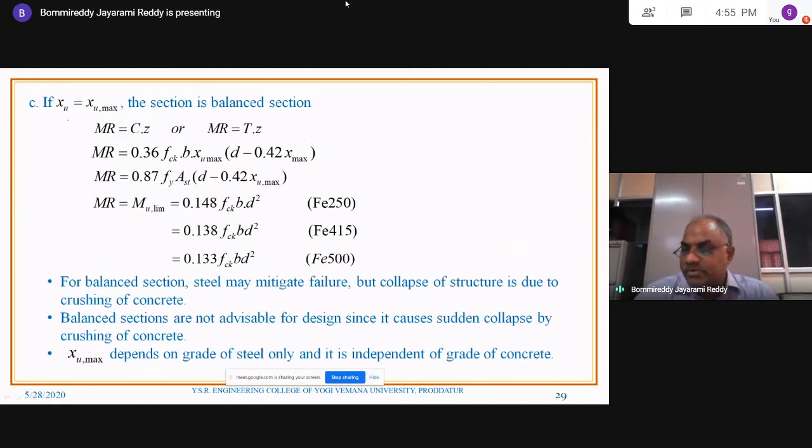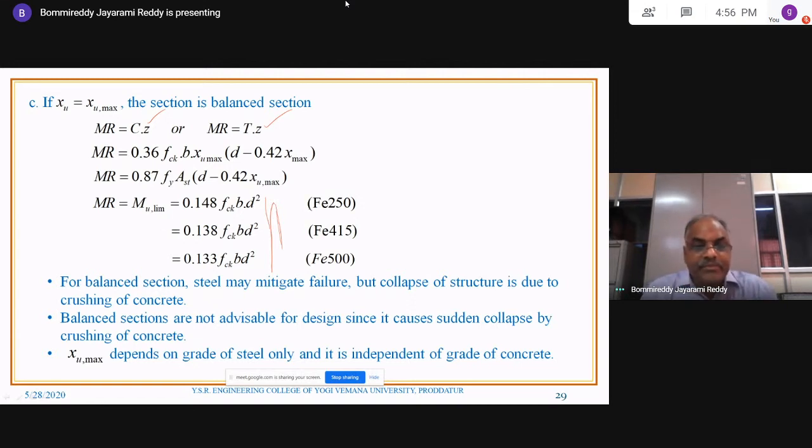Next, of course, XU equal to XU maximum is the balanced section, either with C into Z or T into Z or otherwise these formulas. Whenever it is balanced, the limiting values are always corresponding to the balanced section.